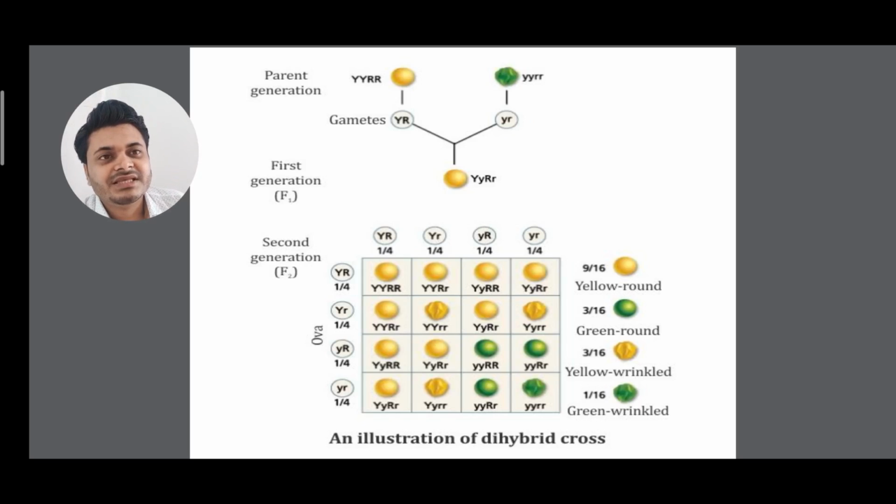That means they will produce four different types of gametes. They will produce four different types of gametes. Like you can see, from F1 hybrid, there is capital Y, small y, capital R and small r. So the gametes it will produce is capital Y and capital R, one gamete, then capital Y and small r, one gamete, then small y and capital R, one more, then small y and small r.